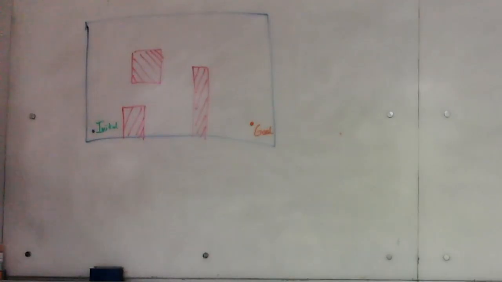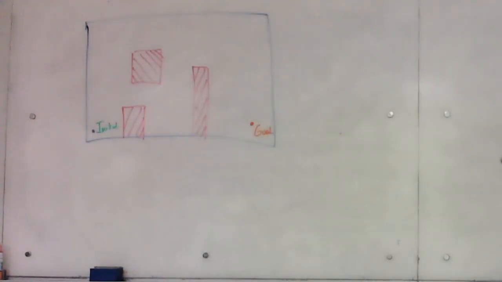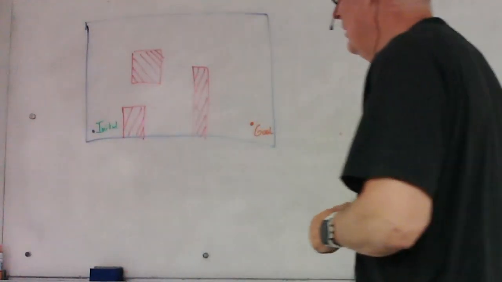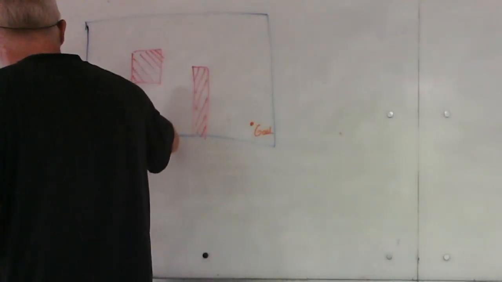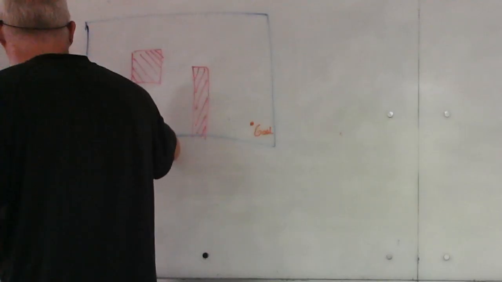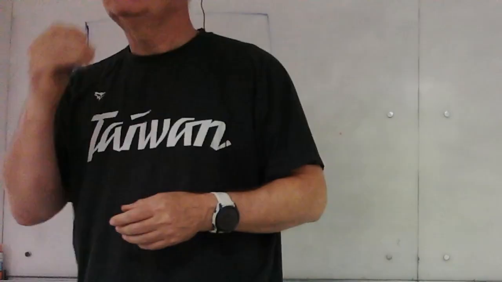Okay, so this is our problem. How will you approach it, and why is this difficult? And assume that we have an omnidirectional robot, so you can go in any direction that you want. So there's no nonholonomic constraints or anything like that.